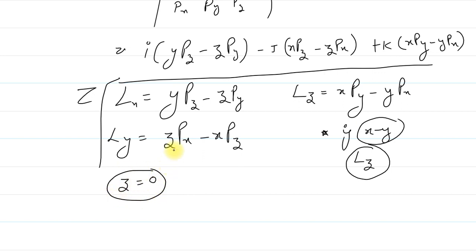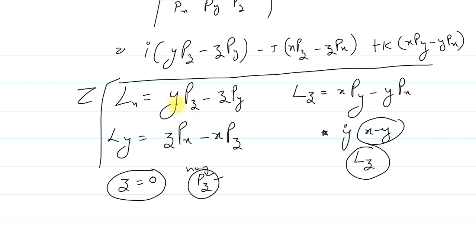The particle is only in the xy plane, so no z coordinate will be there. And no component of movement along the z direction will exist, so no pz will be there, and no z coordinate will be there.